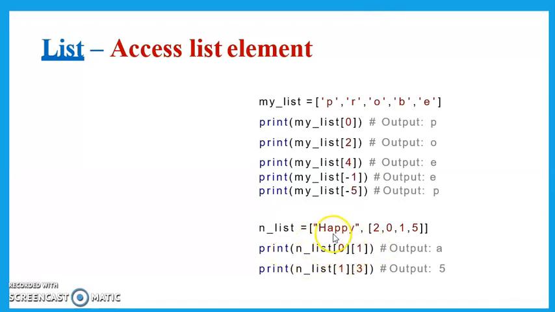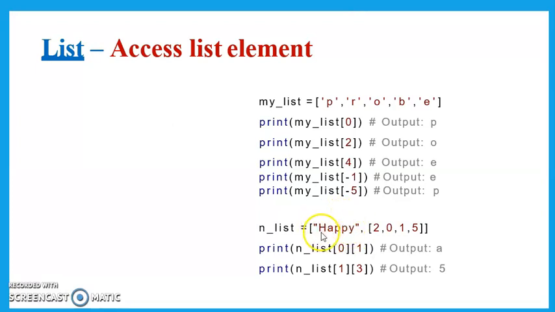The A can be displayed using this statement: print(n_list[0][1]). n_list is the name of the list, and the A character is available at index 0, 1. 0 represents the first element and 1 represents the position of the particular character in the first element.